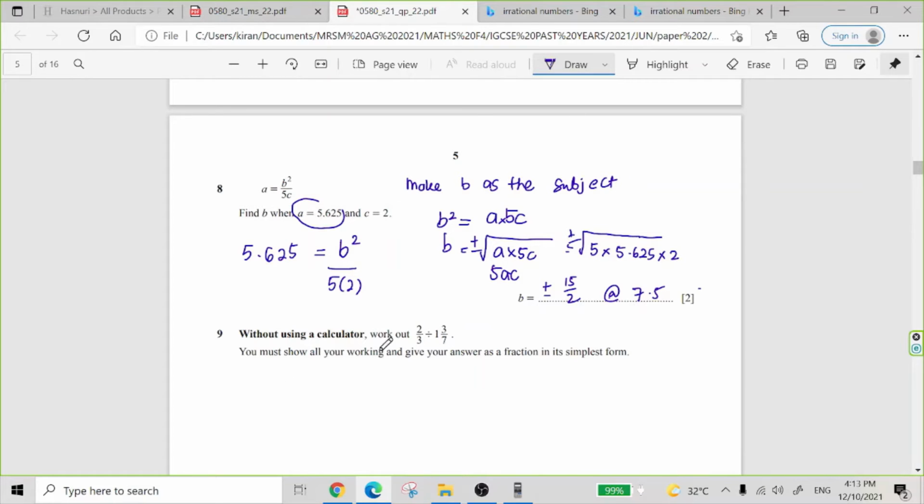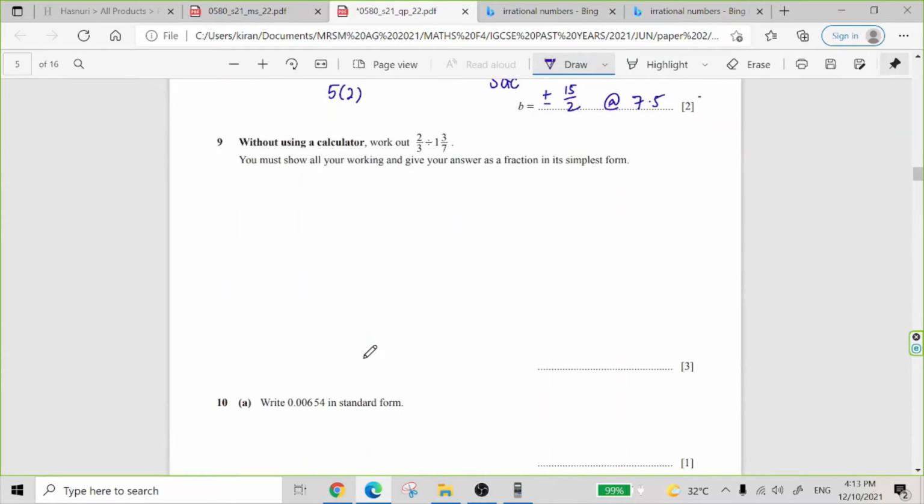Without using a calculator, work out 2/3 divided by 1 3/7. So 3 markah kat sini. Bila without using calculator, jangan nak guna calculator lah. Maknanya you kena permudahkan this fraction. Markah pertama ialah when we go to the part of mixed number, kita tukar kepada improper fraction. So 7 plus 3, which is 10/7.